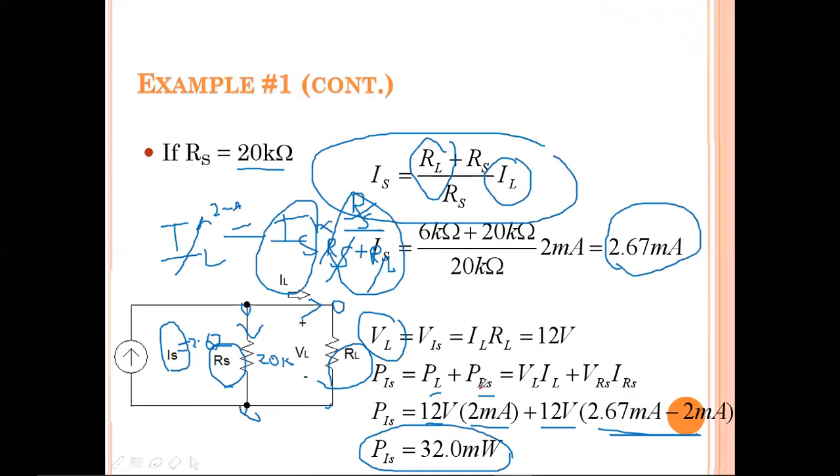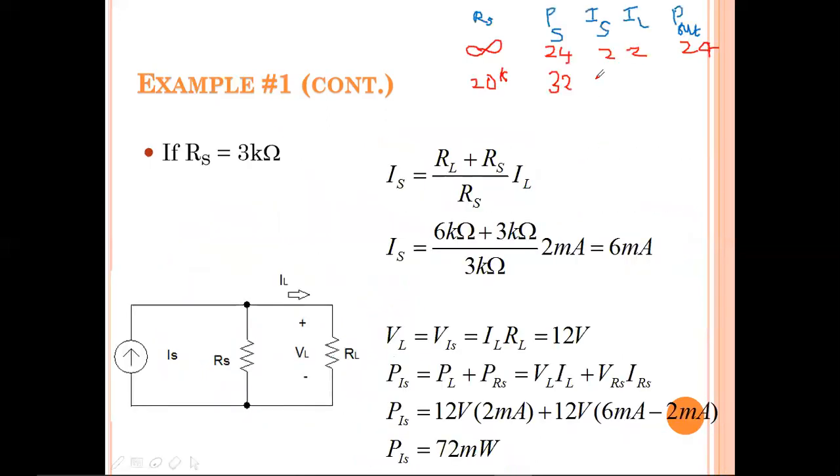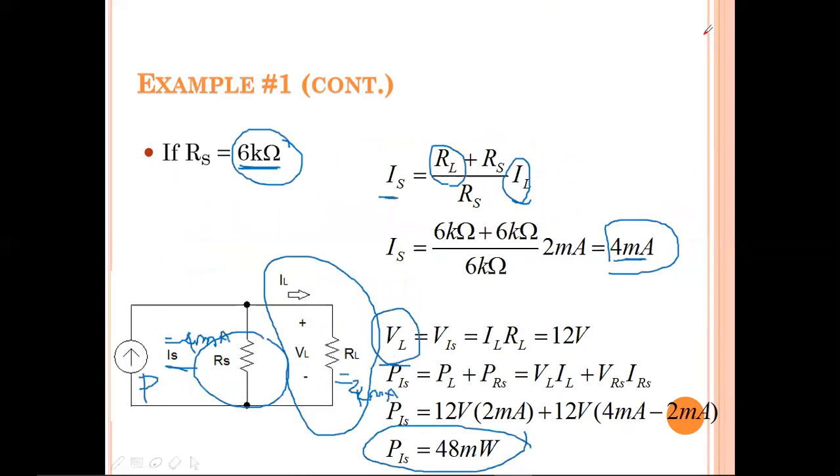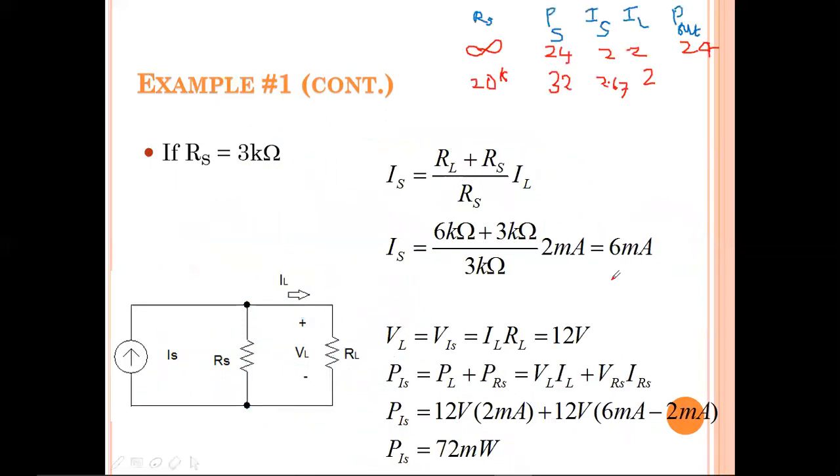Input current IS also changed, here my input current is 2.67. My load current is not changing, the same load current, 2. Since the load current is the same, my output power is also the same, 24.